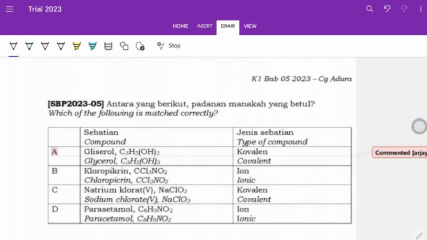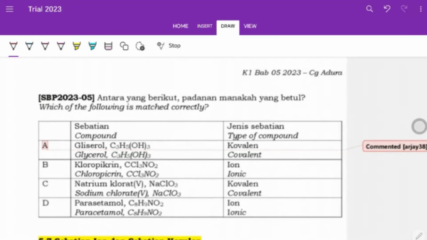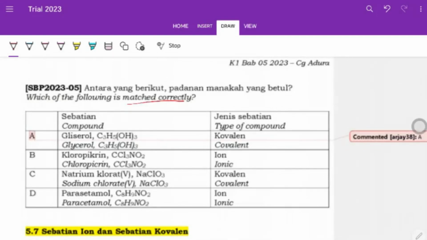Okay, next. Which of the following is matched correctly? Glycerol, covalent. Okay, let's see. Chloropicrin, not ionic, should be covalent also, because of non-metal. Sodium chloride, sodium metal, non-metal, so this one should be ionic.